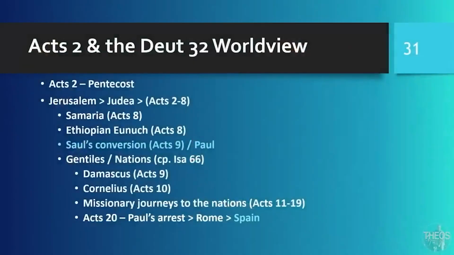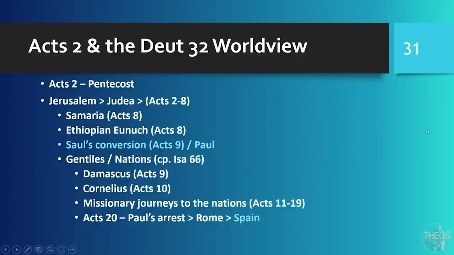You're going to see the Jew first, all the places associated with Israelites, Jews, and then a transition to Gentiles. When you hit the transition to the Gentiles, you're going to realize that if I put this on a map and compared it to Genesis 10, geographically, the entire list of Genesis 10 is covered by the gospel in the book of Acts, except for one place. We're going to get to that in a moment.